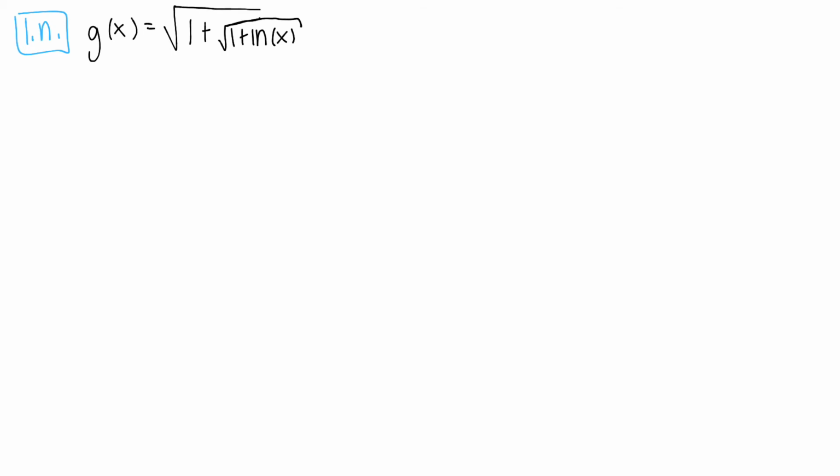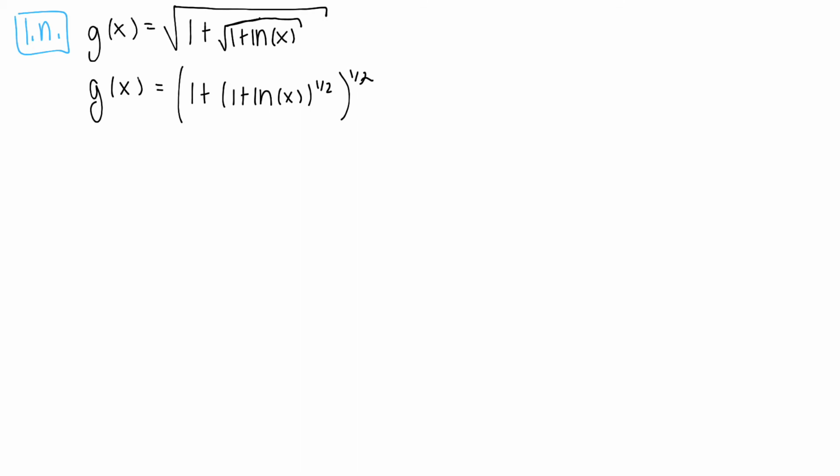All right, 1n is this beauty. Clearly, I'm going to rewrite this before moving forward. So I have this is raised to the 1/2 power, and this is raised to the 1/2 power.